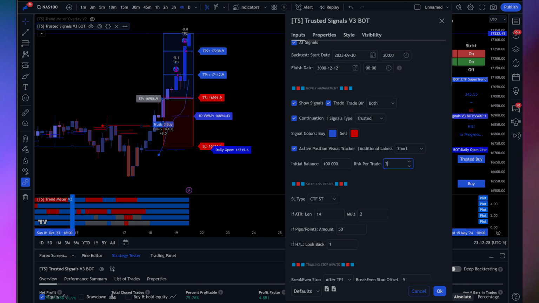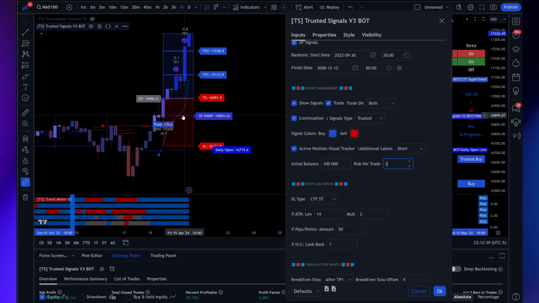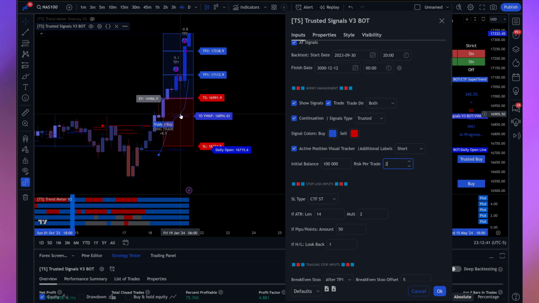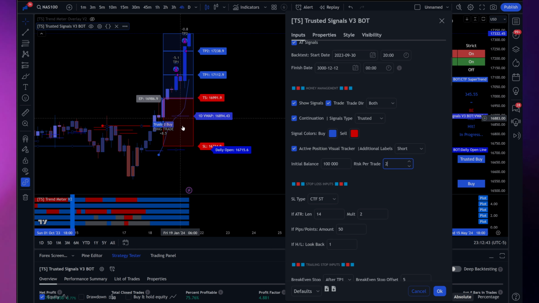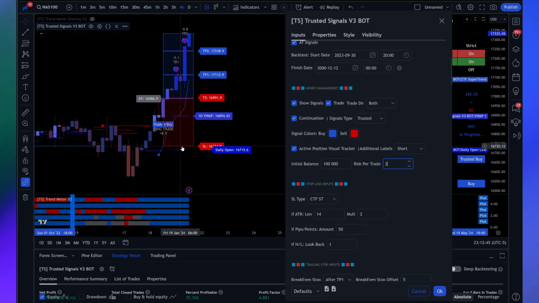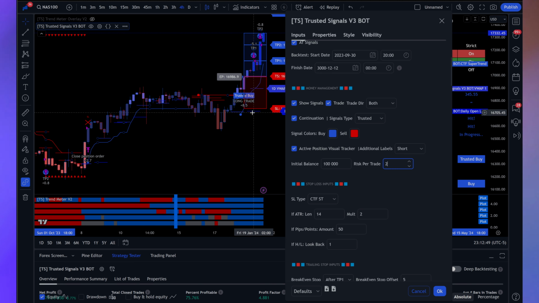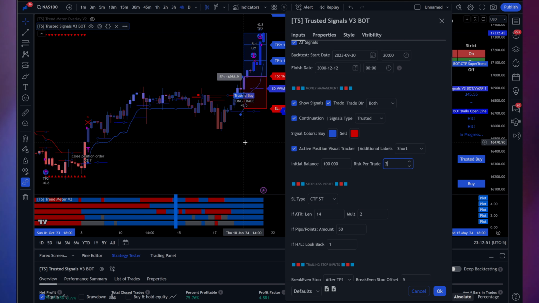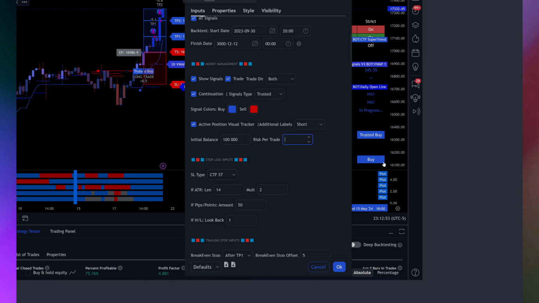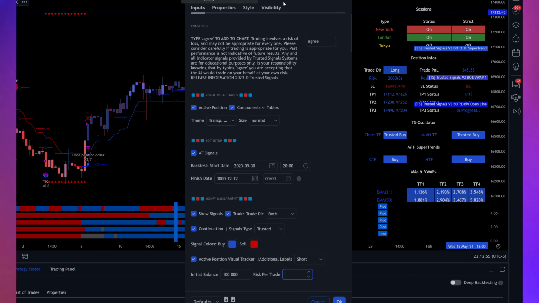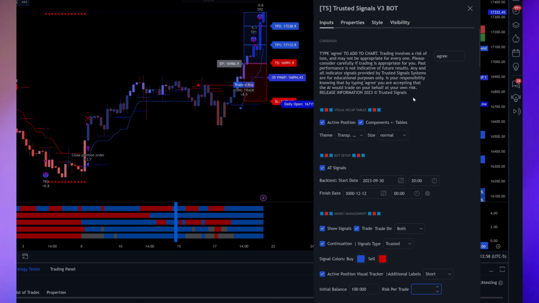Now, when we're talking about automating all these tools, when you have this on risk per trade, anytime it hits your stop loss, it doesn't matter the distance, right? If your stop loss, for example, was up here, it hits your stop loss, that's still 2%. If it hits your stop loss down here, that's 2%. If your stop loss is 500 pips away and it hits your stop loss, that will still be 2%. And then obviously you can always choose to up the risk if you want.